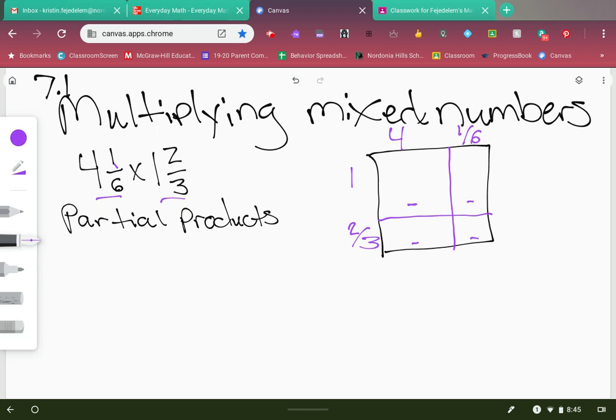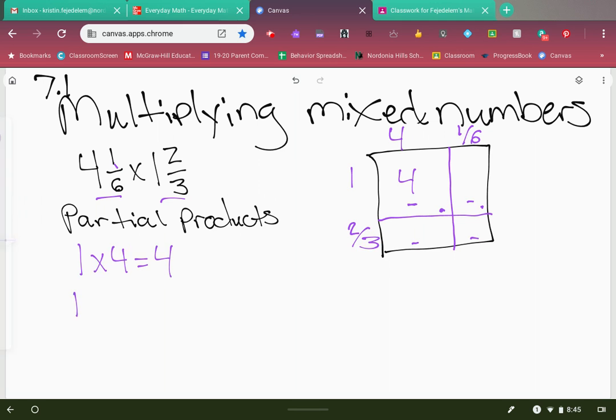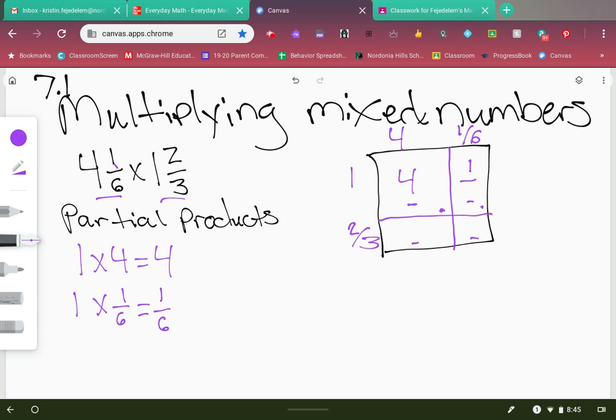So let's do our partial products. This first box right here is what I'm going to look at is 1 times 4, which is 4. Then the second box is 1 times 1/6, which is 1/6. Then the third box is 2/3 times 4.